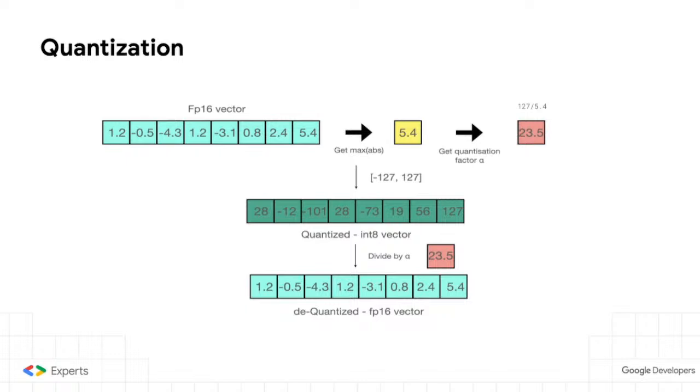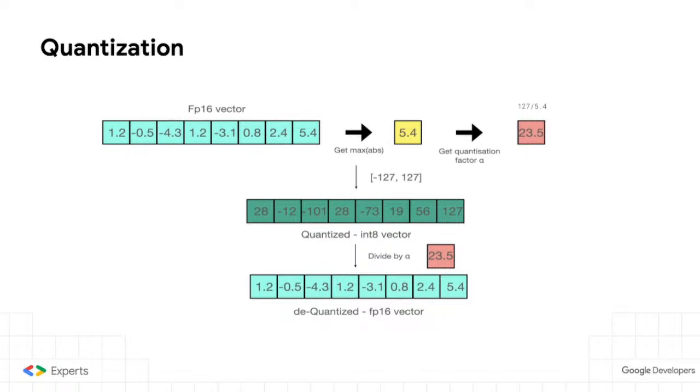You get the maximum value from your weights and then you add your range. So when it comes to 8-bit representation, the maximum range is -127 to 127. If it is 16-bit, it will be -32,768 to 32,768. You might have come across this range when you learn C programming.